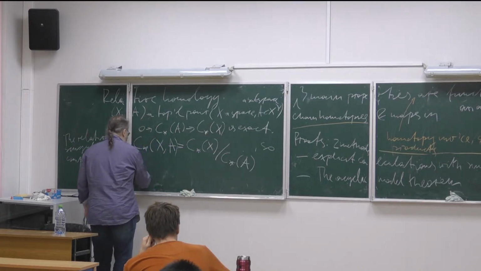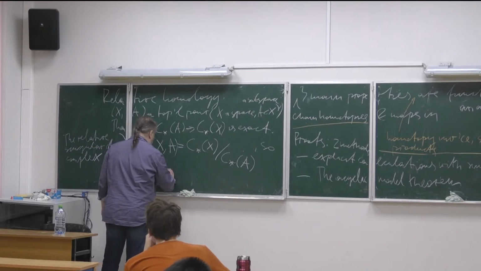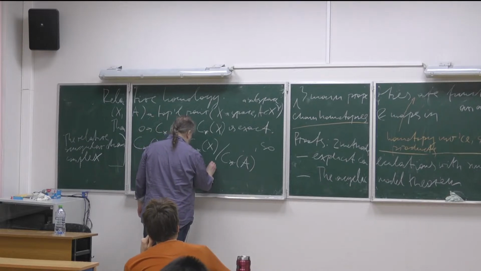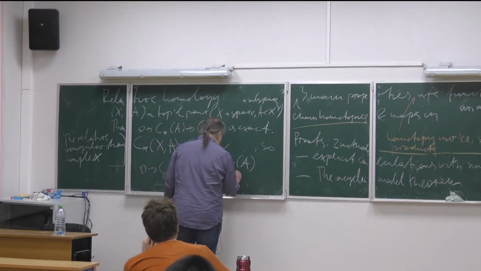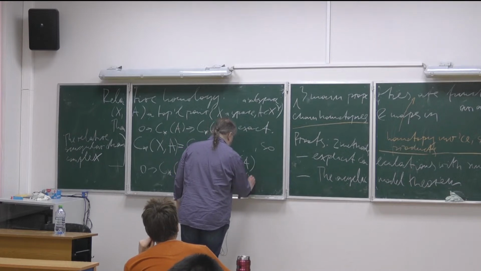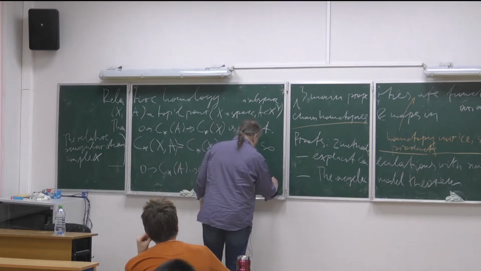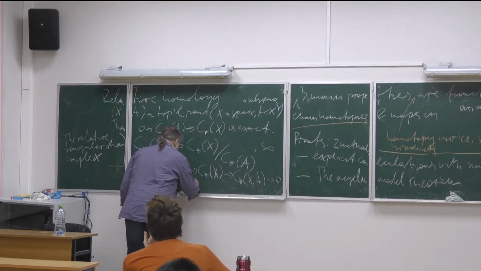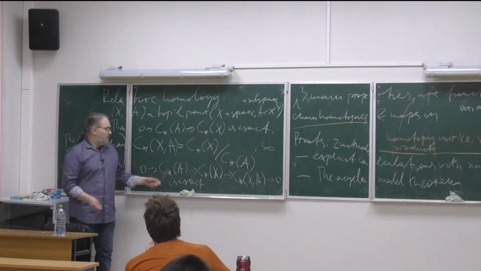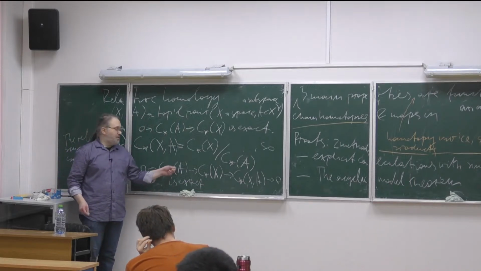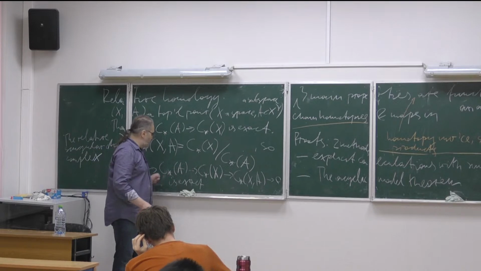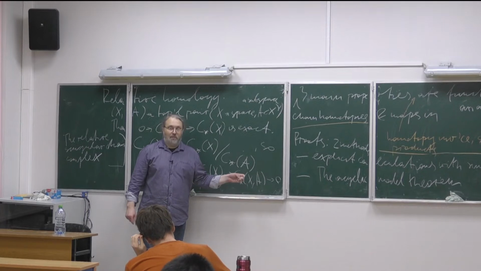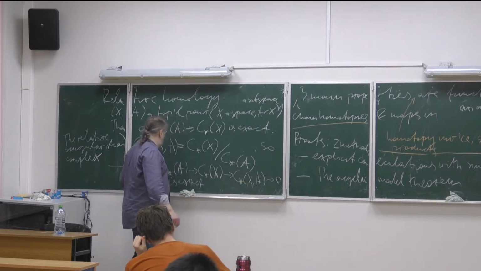So we have an exact sequence: C lower star of A goes to C lower star of X, goes to C lower star of X comma A, and there are zeros on the left and on the right.